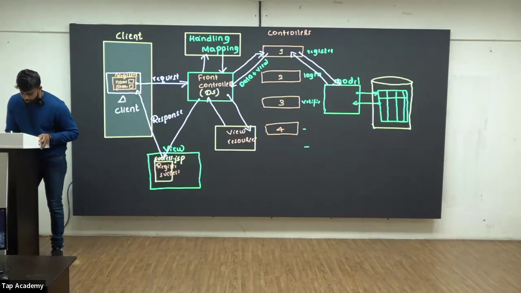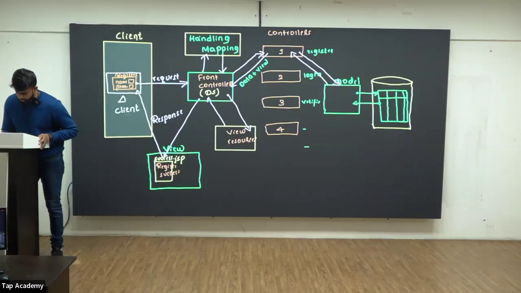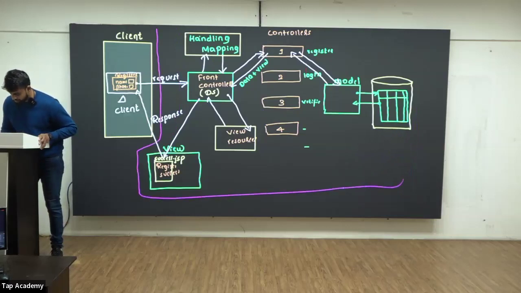The next one, whatever you have handling the mapping, front controller, view part, your database, everything belongs to one computer. Which computer is that, sir? Please watch this. This is the view part, view resource, including your database, and the controllers; everything belongs to one guy.